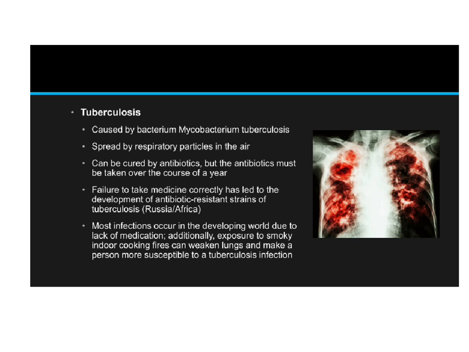However, exposure to smoky indoor cooking fires. So if you remember when we were talking about indoor air pollution, in the developing world, a lot of people cook indoors in poorly ventilated areas using something that makes a smoky fire. The inhalation of those particulates and the smoke from those fires can weaken someone's lungs.